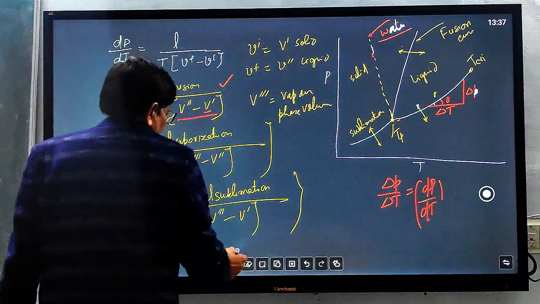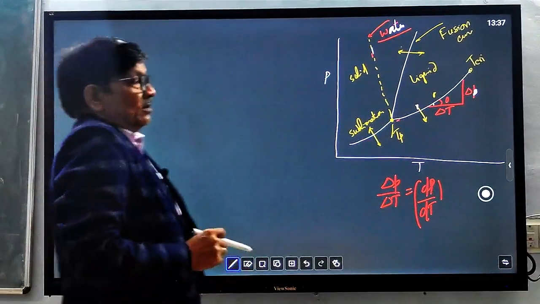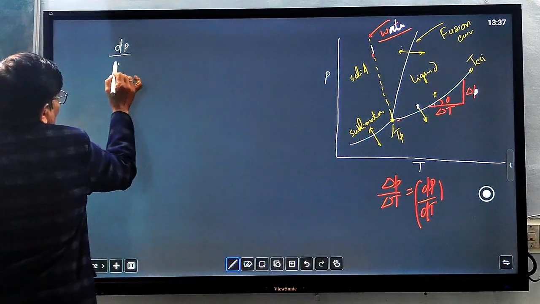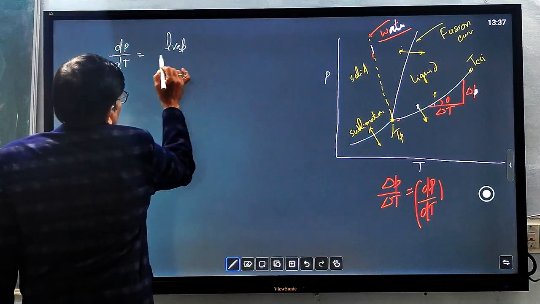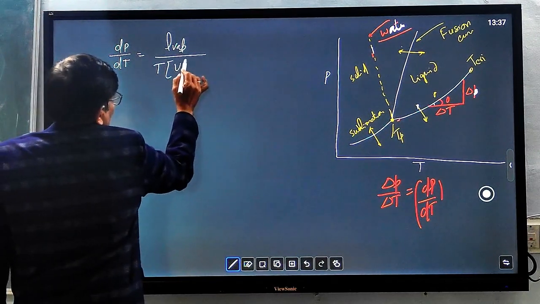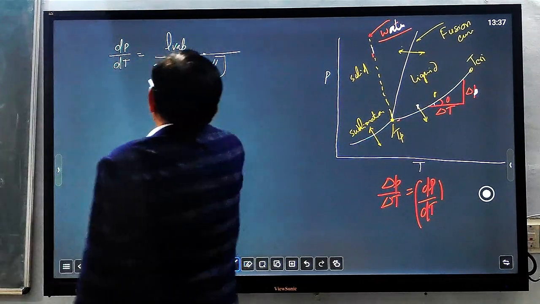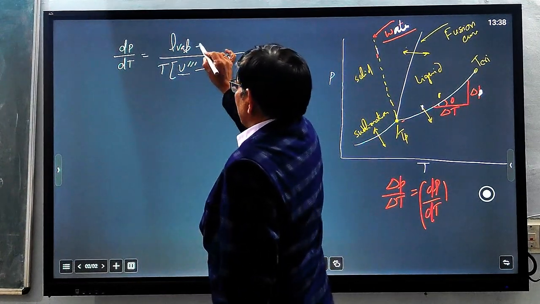Now let us define this equation further. Let us take vaporization. Vaporization curve: dp over dt equal to L vaporization, you can say HFG, upon T into V third minus V second, because the second suffix we have defined for the liquid state and the third for the evaporated state.